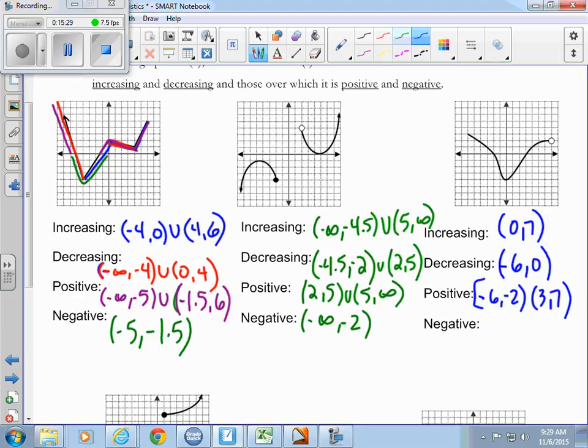I don't know for sure if it is filled in or not. Does that make sense? Why I would need a bracket? Because if there's a point there, then it's still positive there and I would want to include it. Increasing and decreasing, I don't care either way. Positive and negative, make sure that if there's a point there, you include it. Does that make sense? And negative from -2 to 3.